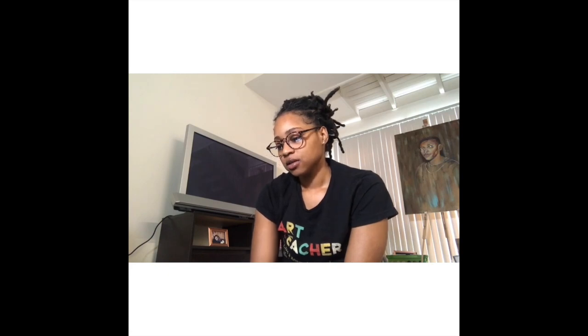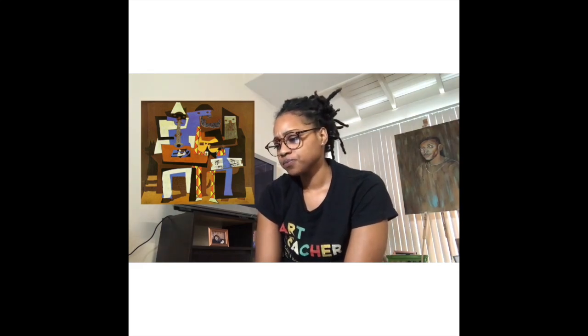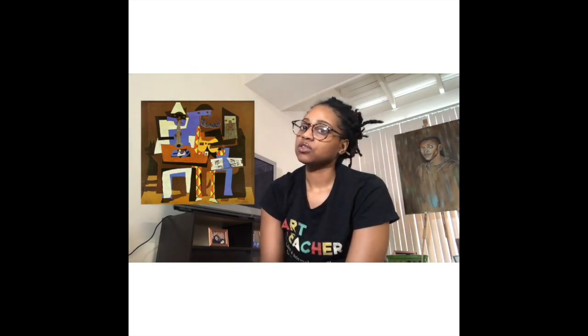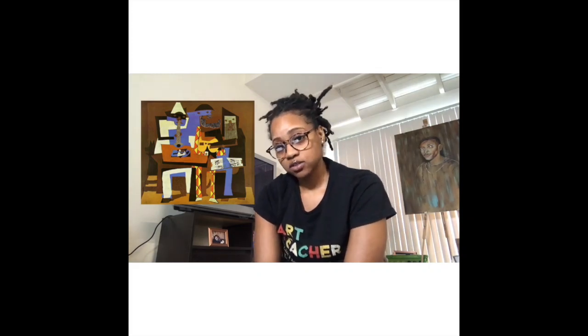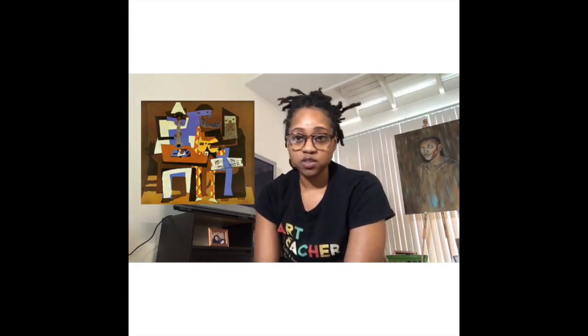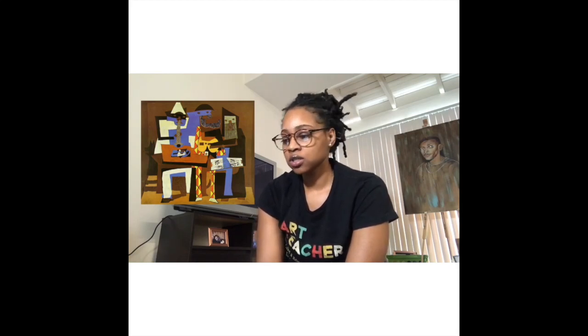Okay. So the first question, why do you think he called it Three Musicians? Well, if you look at the artwork, you'll see that it's 3 figures and they're holding 3 different instruments. What shapes do you see? Well, I see plenty of geometric shapes. I see a lot of rectangles and a couple of circles.